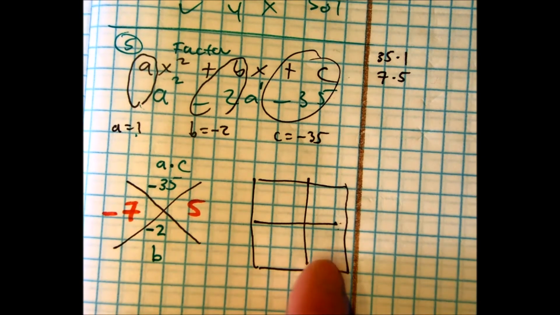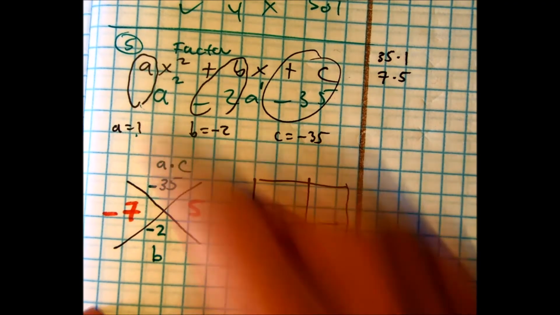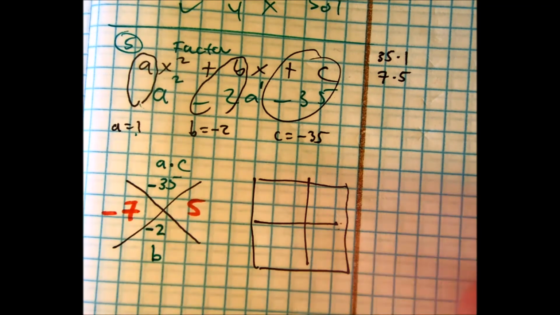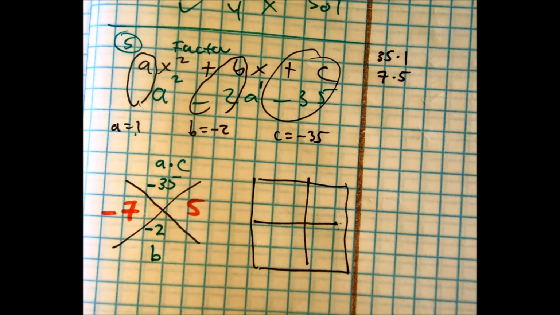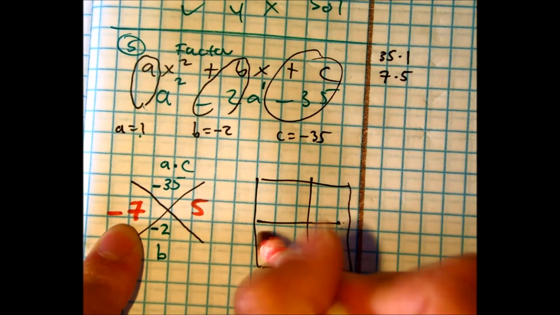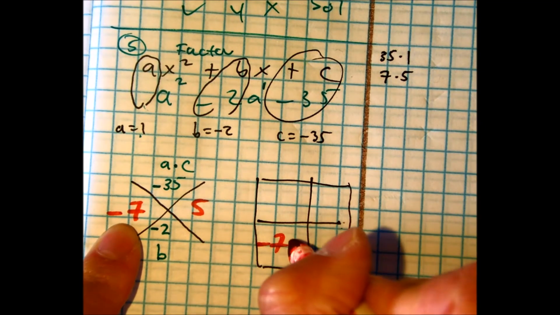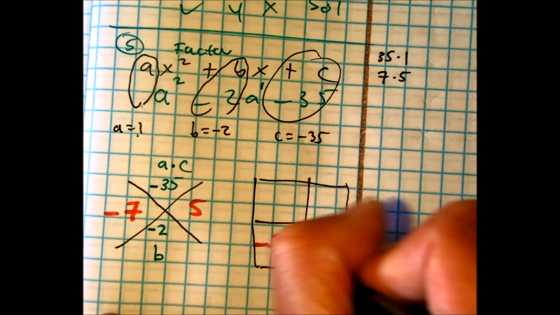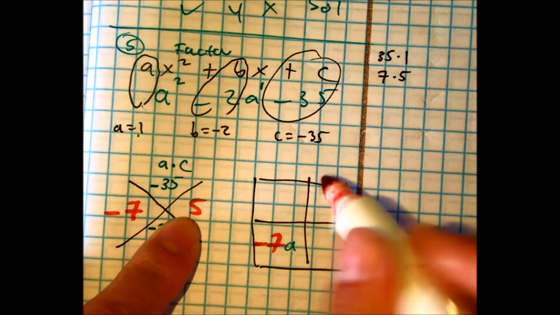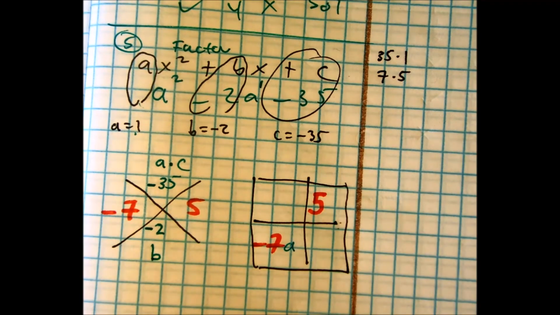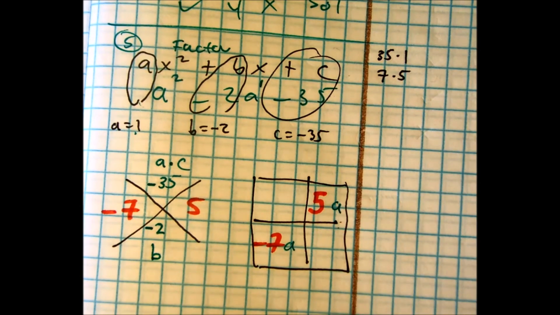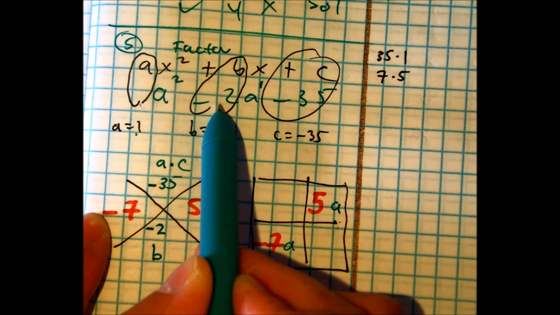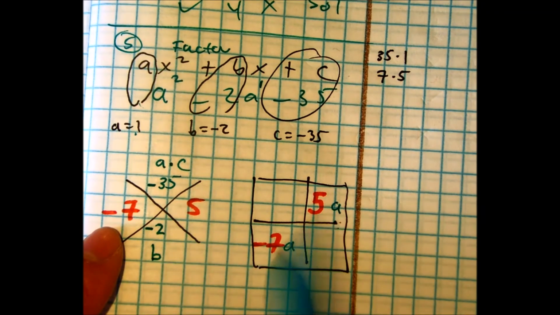But I'm going to show you how to use the box, because the box is actually needed when a is greater than 1. And if you're not sure when to use it, just use the x and the box all the time. Here, I'm going to write negative 7, but I'm going to also add the variable a. And I'm going to have 5a. Basically, what this is, it's taking the middle term and you're splitting it into 2 other terms.